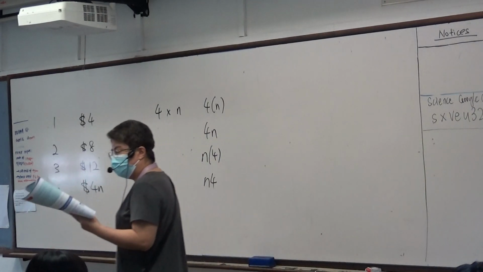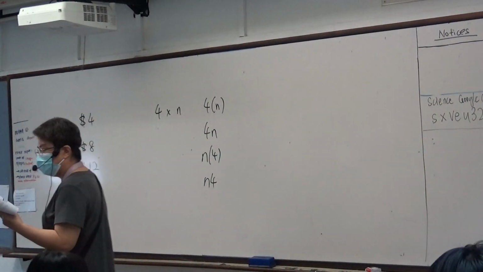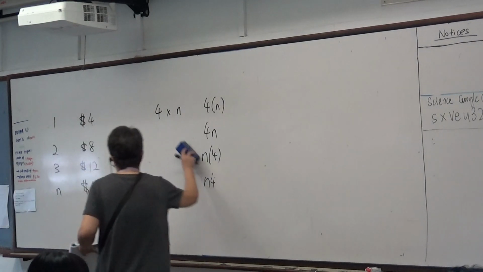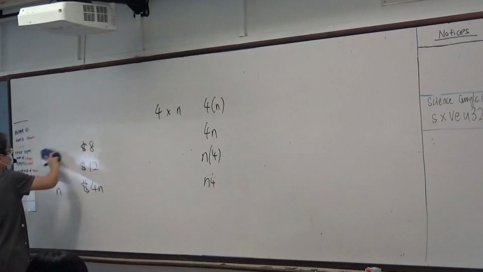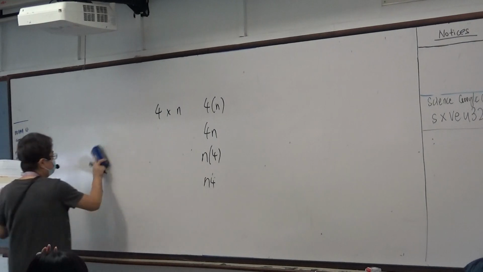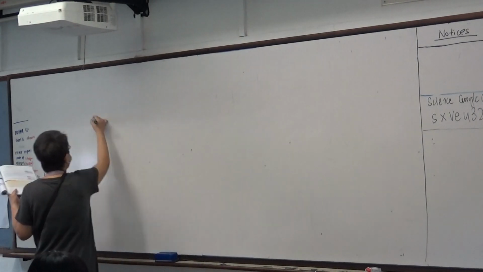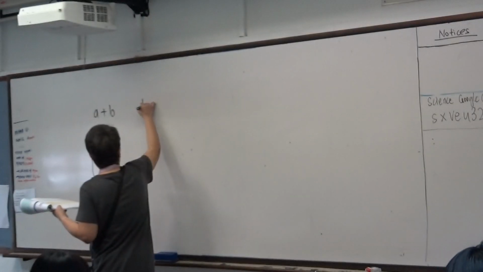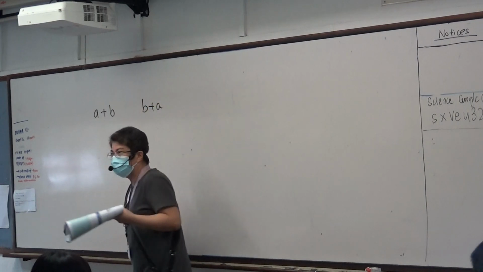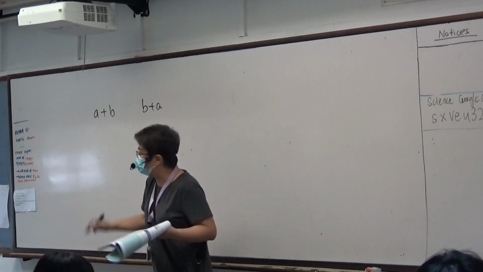It's using letters to represent generalized numbers. Now first, we must know something. If I do A plus B, and I do B plus A, do you think the answer will be the same? Yes.